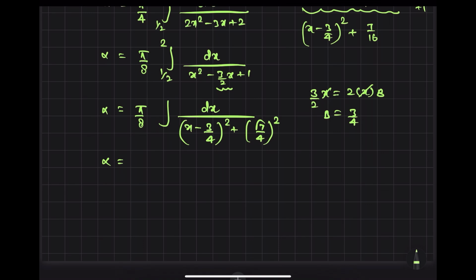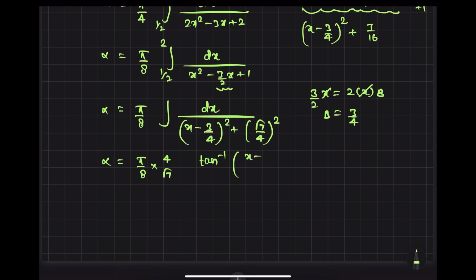So in this case, this is without root and we are comfortable. So we will be writing 1 by a. So a is this, we will be writing a as root 7 by 4. And then tan inverse x by a, right?